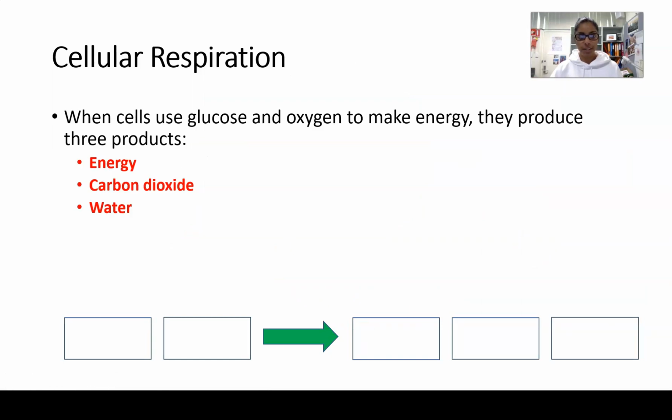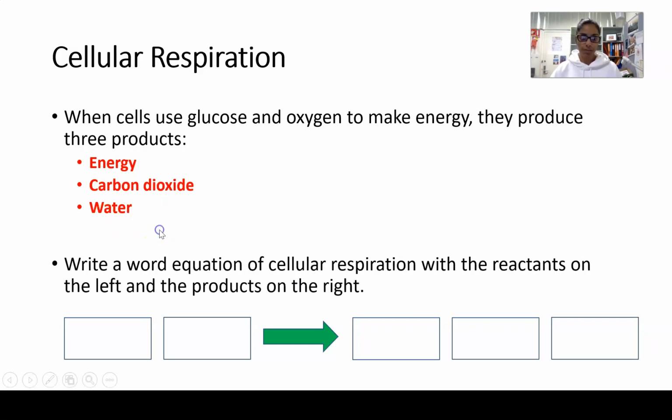Just to summarize there, when glucose and oxygen are combined in a way for a chemical reaction to take place within the cell, we get three things coming out the other side. We get energy, which is our useful product, and we have two waste products, carbon dioxide and water.